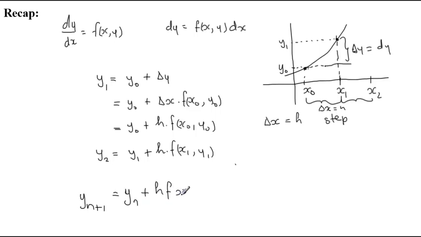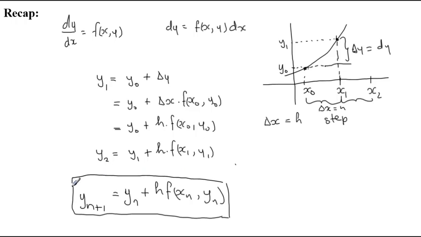So y(n+1) would be yn plus h f at xn comma yn, which we said would be our general formula, which we call Euler's method. This means to get the approximate values of the solution to this differential equation, we use this formula and get a table of values which you can plot to get an approximate graph of the solution.